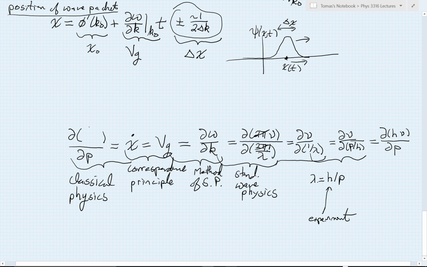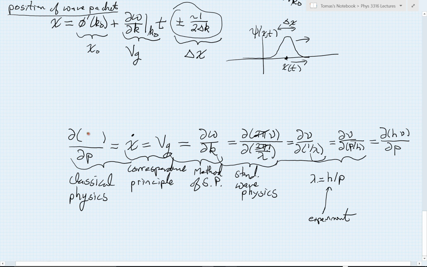And we know two other things about this function, right? One, we know that it must be written in terms of momentum. And the second thing is we know what type of quantity it is. h nu, remember, is the formula for the energy of a photon. So just from units, I know it has to be some kind of energy. And it turns out there is such a quantity.